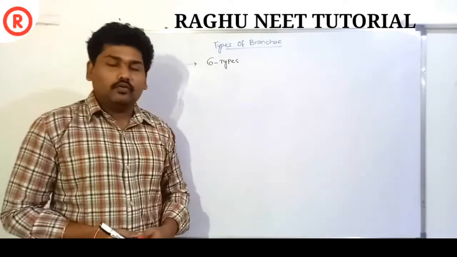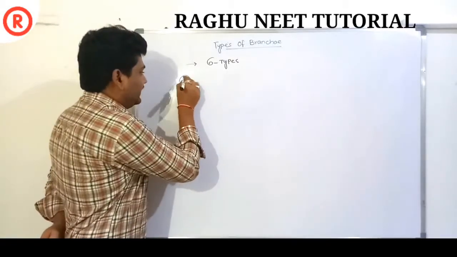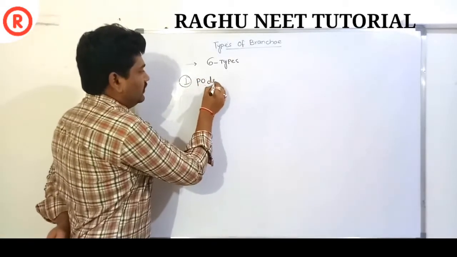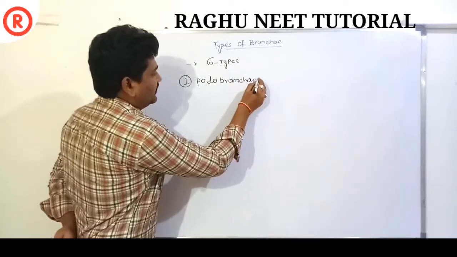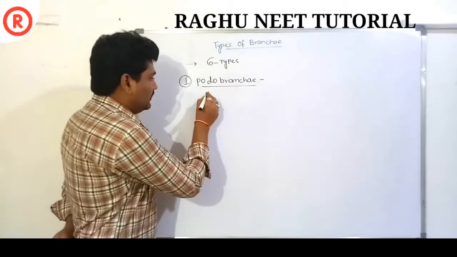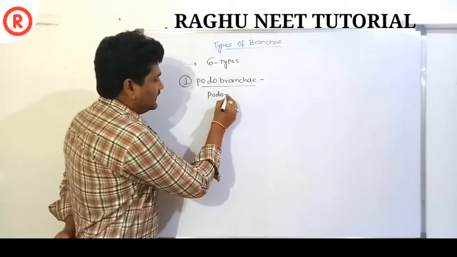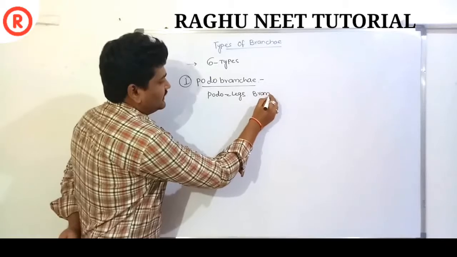First one is podobranchiae. What are podobranchiae? Podo means leg, and branchiae means gills.